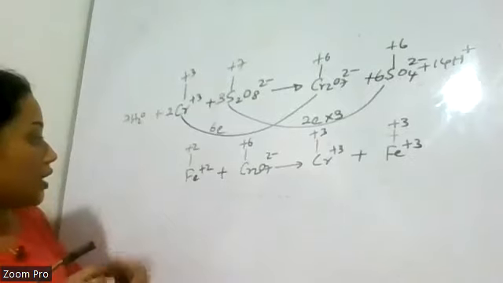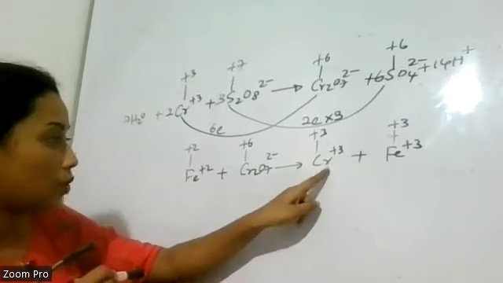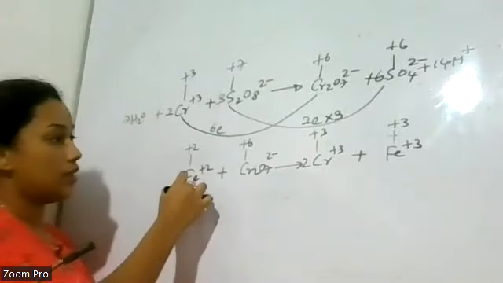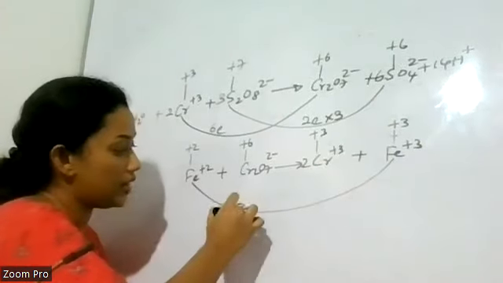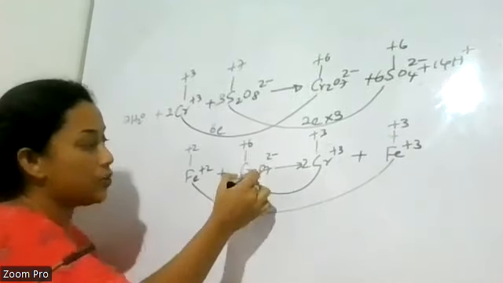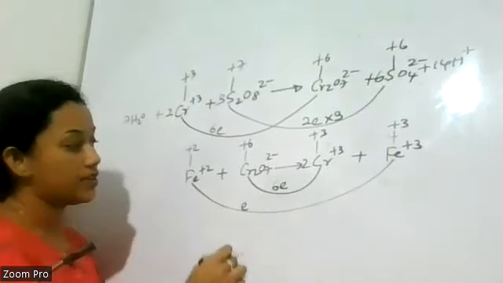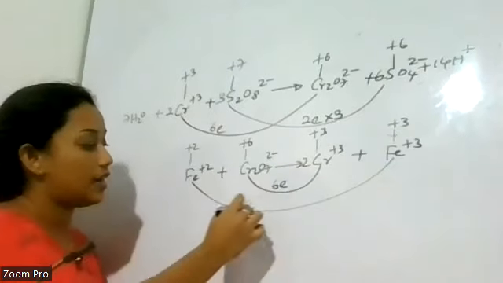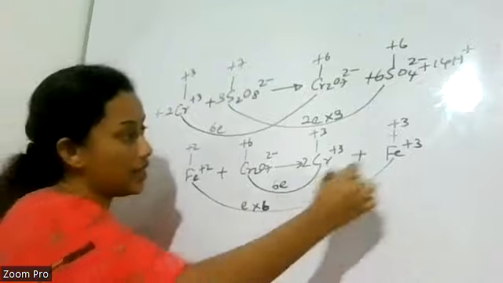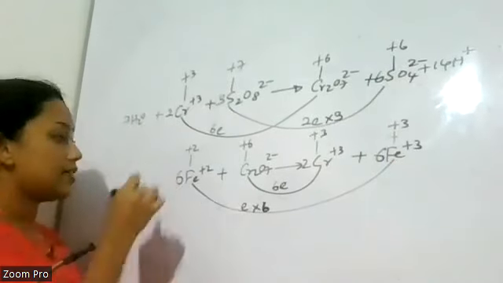One iron, and 2 chromiums, therefore we should take 2 chromium. Then iron 1 electron, chromium 3 electrons by 2 atoms means 6 electrons. We have to balance electrons, therefore iron should be multiplied by 6.